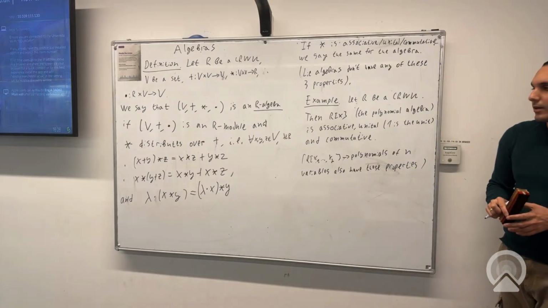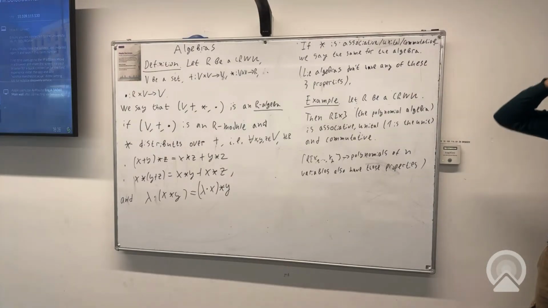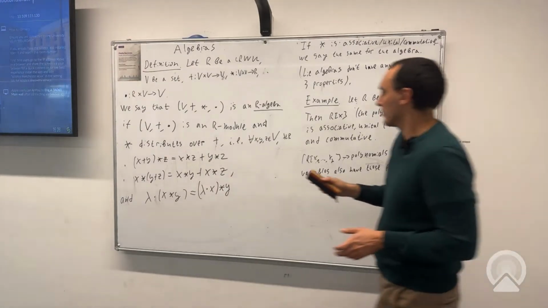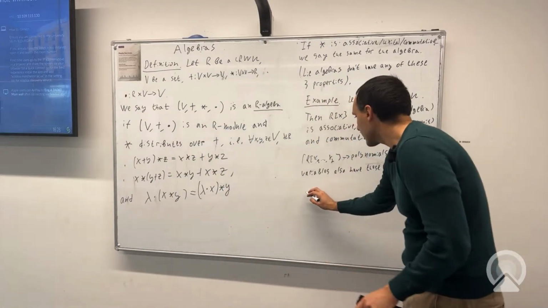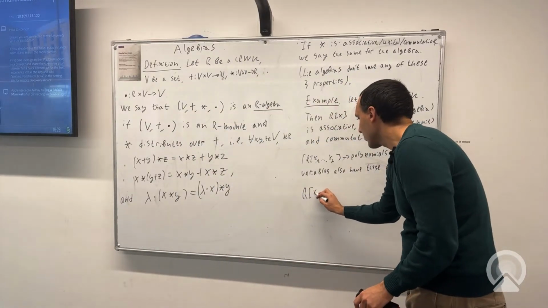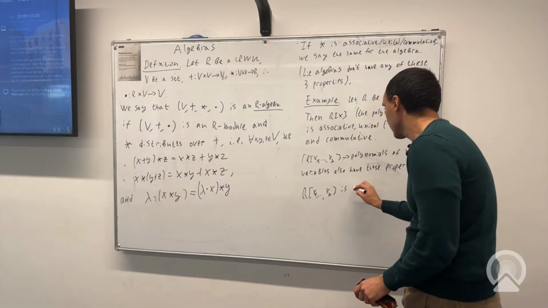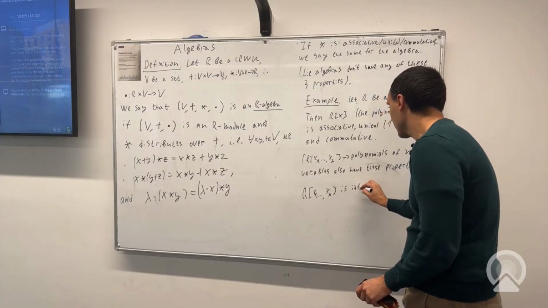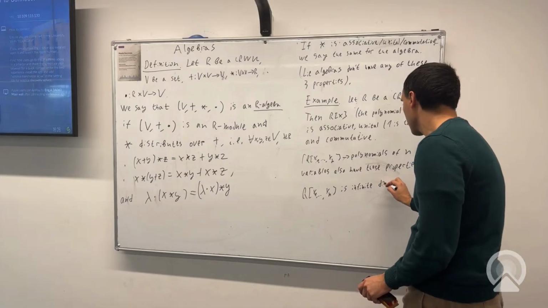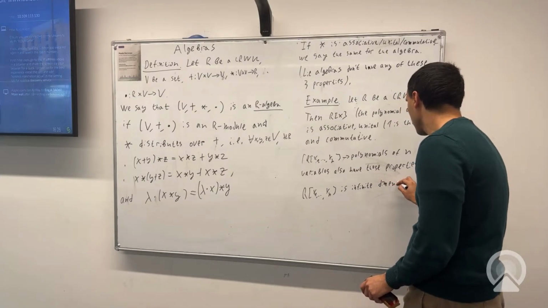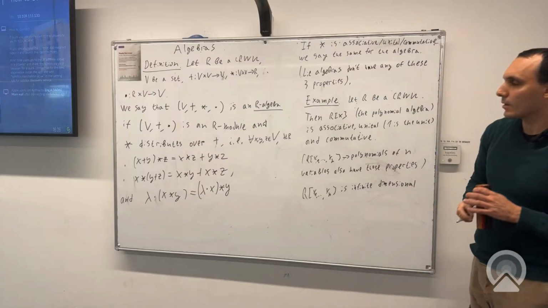So if I remove the condition for commutativity, I will get the tensor algebra. Oh, sorry, and R[x] is infinite dimensional.